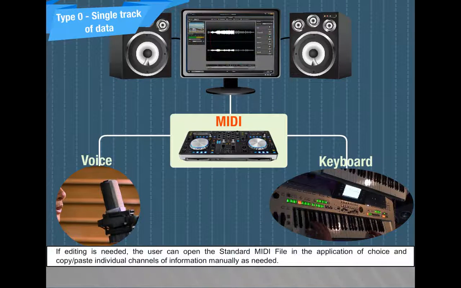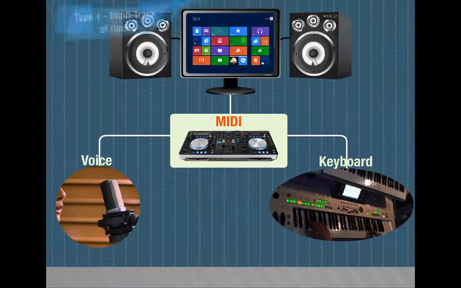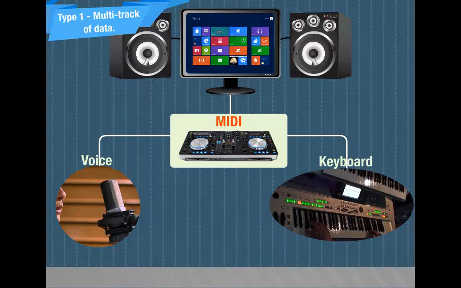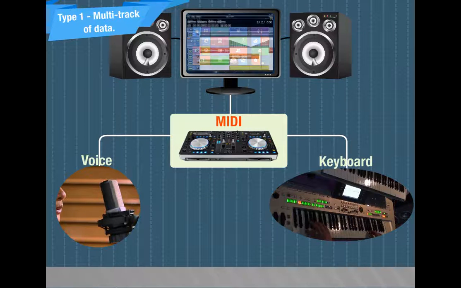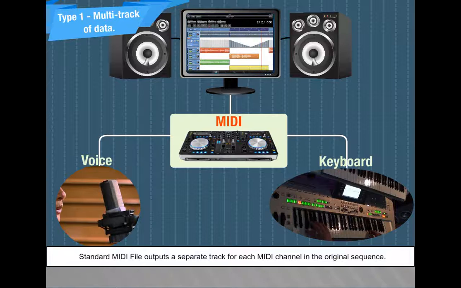If editing is needed, the user can open the standard MIDI file in the application of choice and copy or paste individual channels of information manually as needed. Type 1. Multi-track of data. Standard MIDI file outputs a separate track for each MIDI channel in the original sequence.